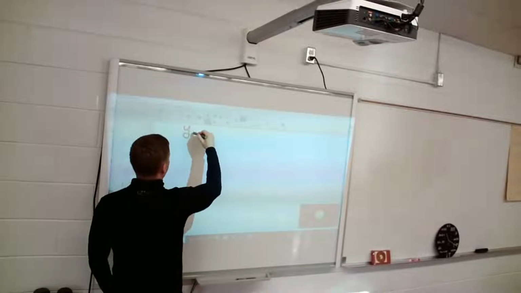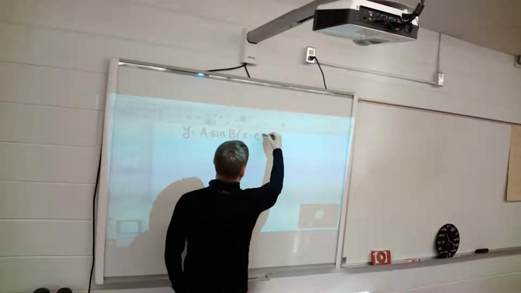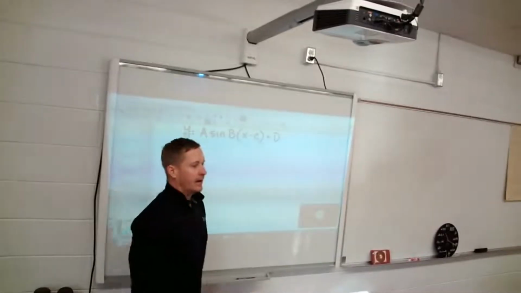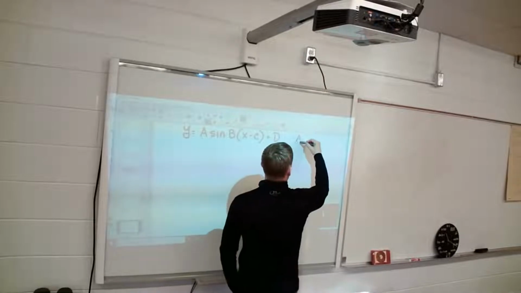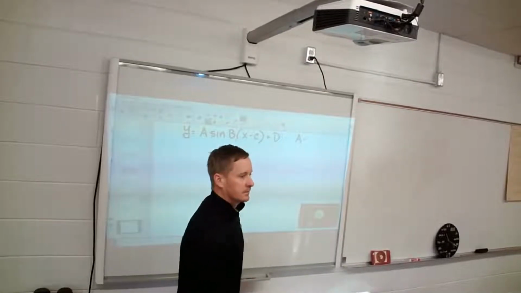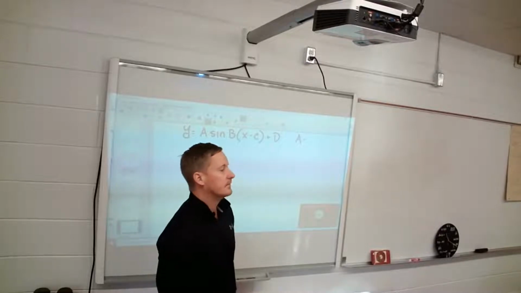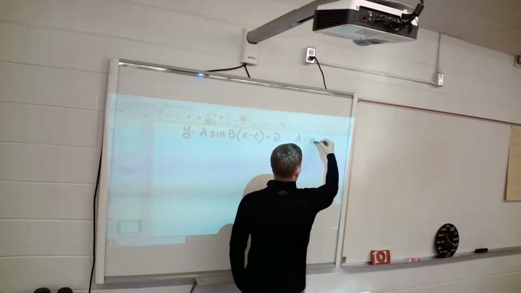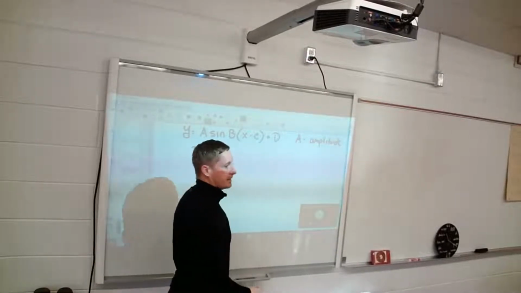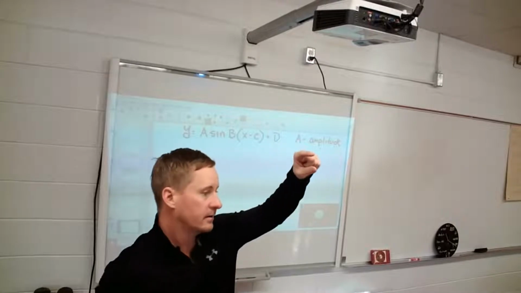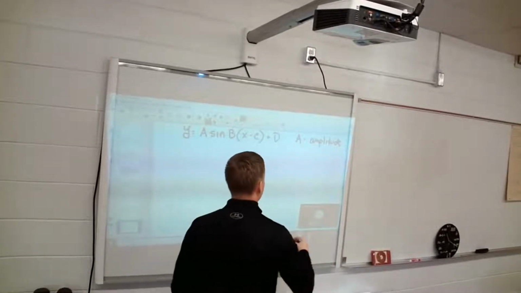So we did y equals a, don't write this down. We did A, B, C, and D, right? What did A help us find? Amplitude. That's how much we stretched our graph, so our range changed because of it, correct?